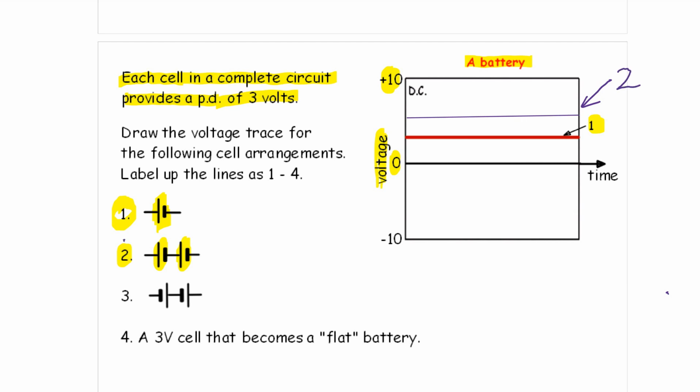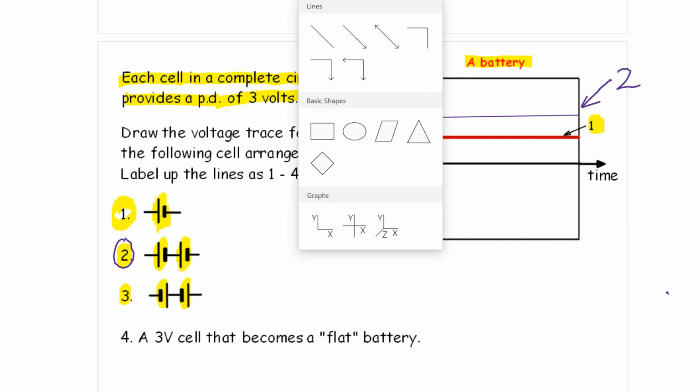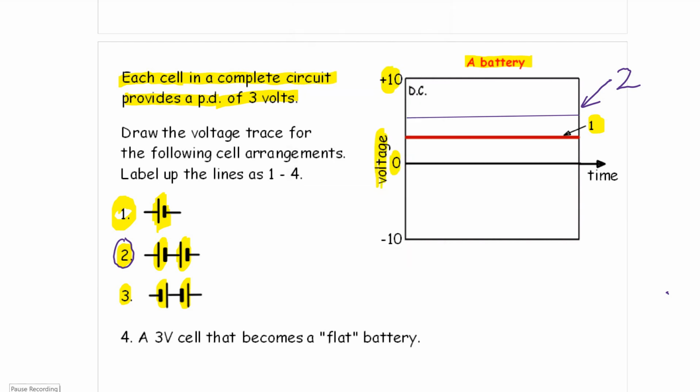And the penultimate one, we've got the batteries turned round in the other direction. This is number 3 now. So we've got minus 3 volts, add another minus 3 volts. We're going to end up with a voltage that is minus 6.